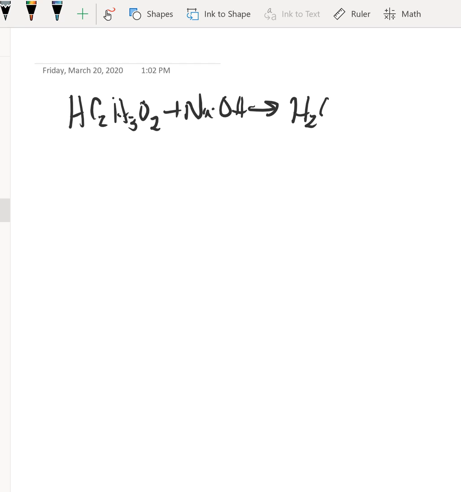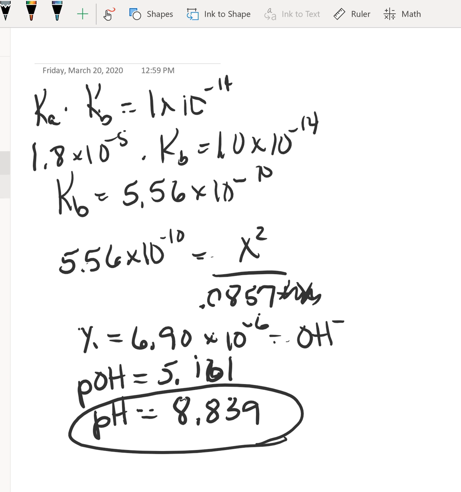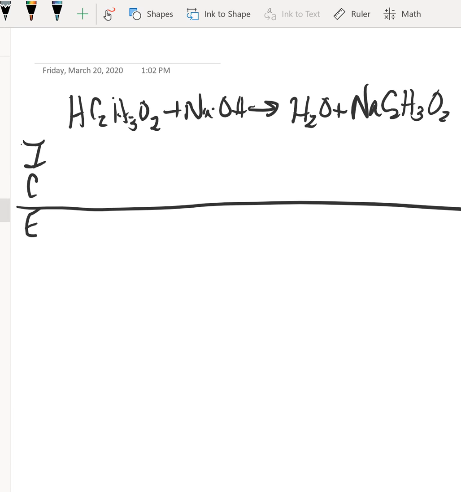Good thing is it's the same equation every time that we're using for all the parts. All right, back to moles.